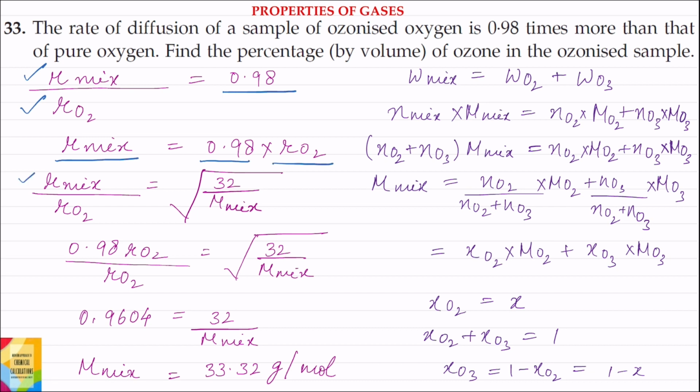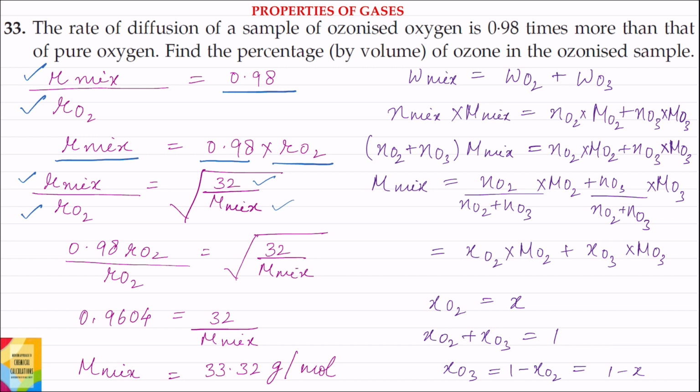Now the rate of diffusion of the mixture divided by the rate of diffusion of oxygen will be equal to the square root of the molecular weight of oxygen divided by the molecular weight of the mixture, as the rate of diffusion is inversely proportional to the square root of molecular mass.